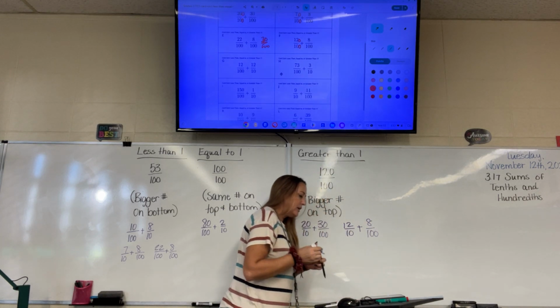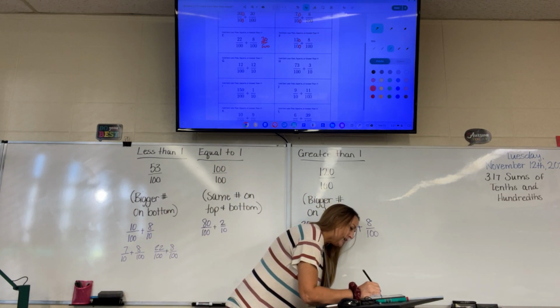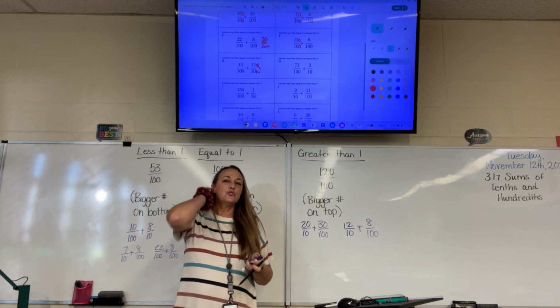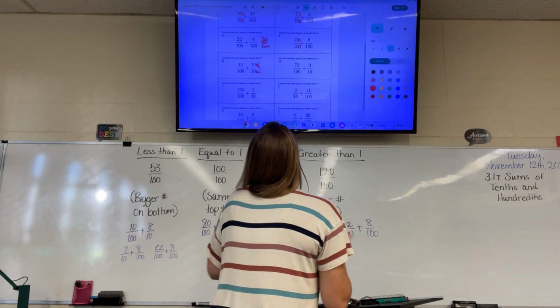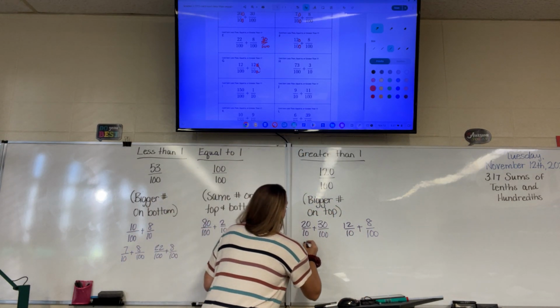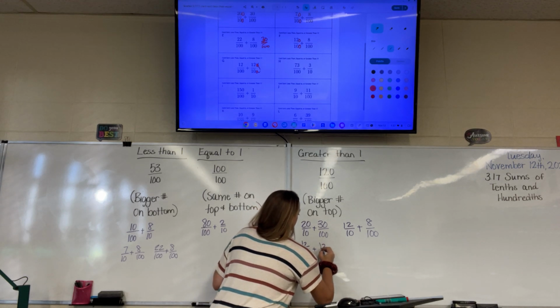Okay, the next one, we've got to add a 0 to the 10 and the 12. Now we've got 120 plus 12. Jackson, what's that equal? 132 hundredths. So it's going to go on greater than, 12 hundredths plus 12 tenths.